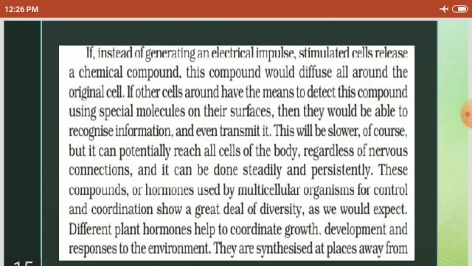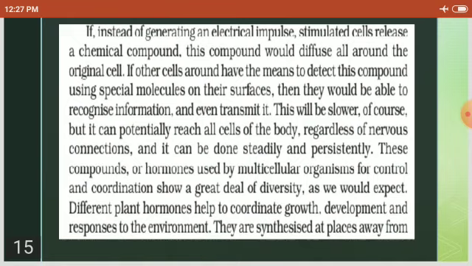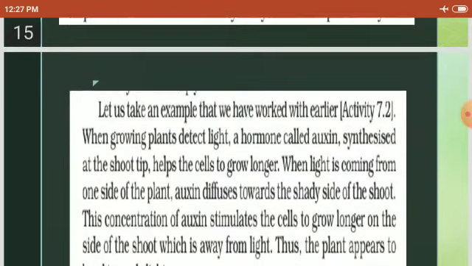The cells around have the means to detect this compound using special molecules on their surface. Then they would be able to recognize the information and even transmit it. That means there are some chemicals that we call hormones. They also help the organism to communicate.